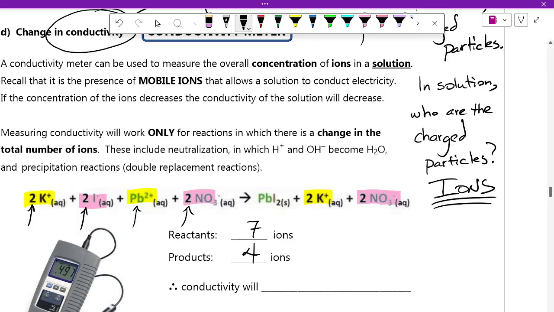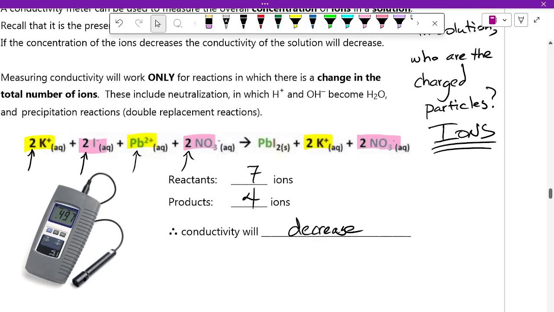Do you think conductivity is going to increase or decrease as time goes on, as we move from reactants to products? Decrease. Conductivity is going to decrease as the number of ions decreases.